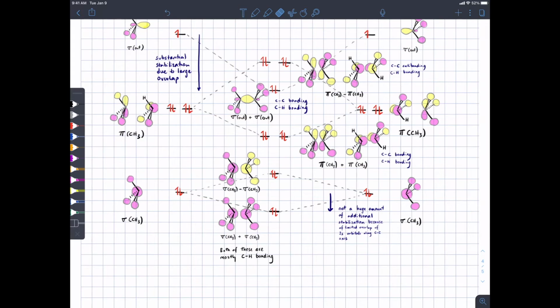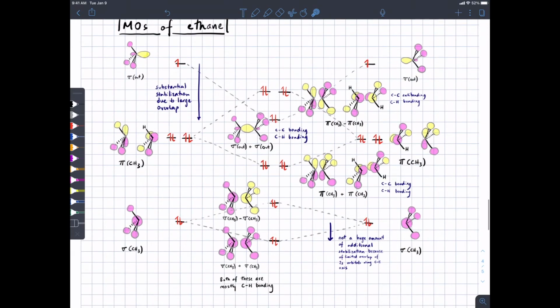So this was that lowest energy orbital that we get from overlap. I'm sorry, Samantha, let me back up. Your specific question was about the ones that look like anti-bonding, but they're not, and how we get them from this diagram? Okay, yeah, I'll show you that.